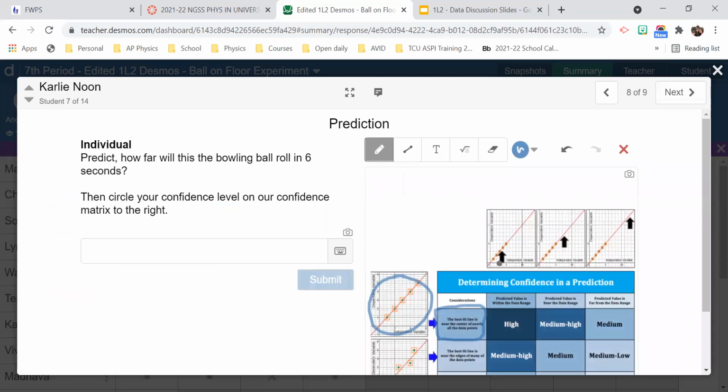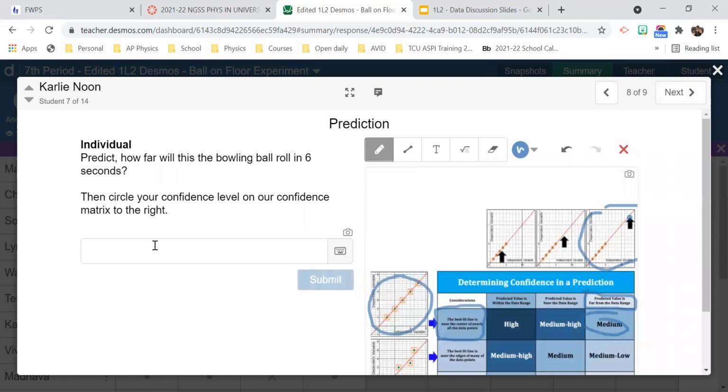I definitely wouldn't say that. I wouldn't even say that we're near it. I would say that we are way outside of it, right? 6 seconds is way up here on this. So that means that it's going to be both of these statements that explain why our prediction is going to be medium confidence.